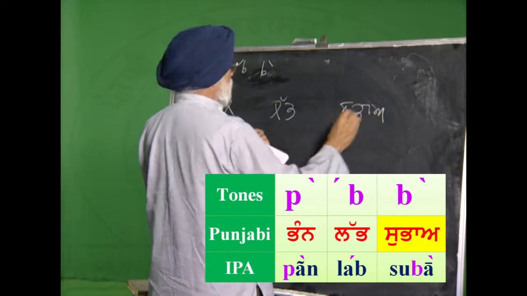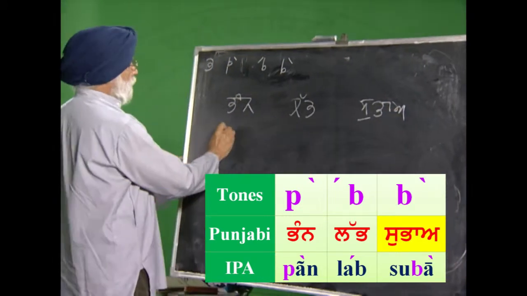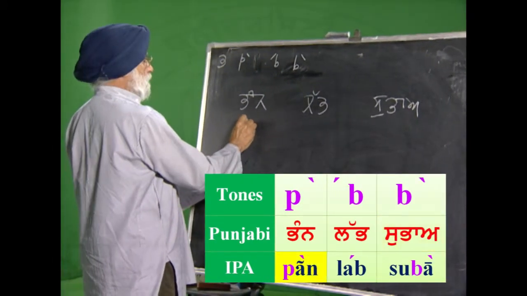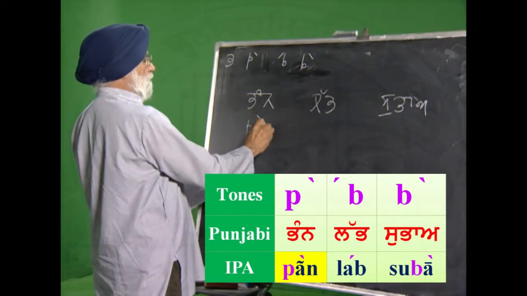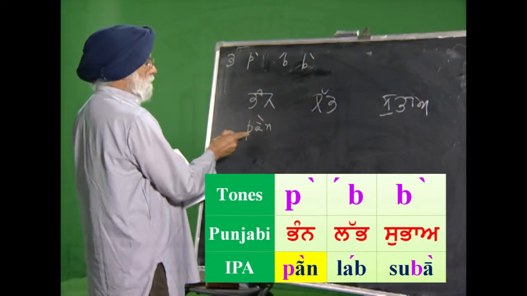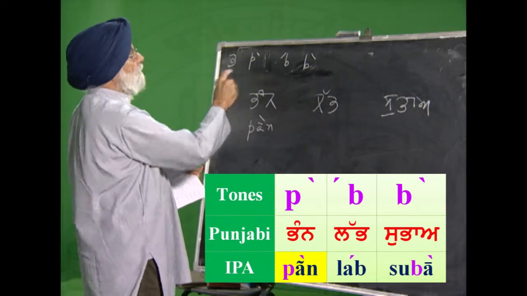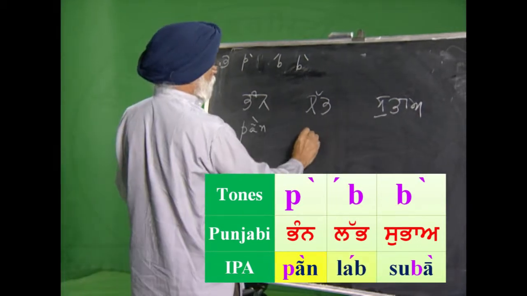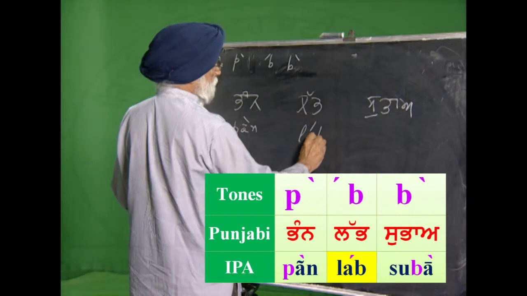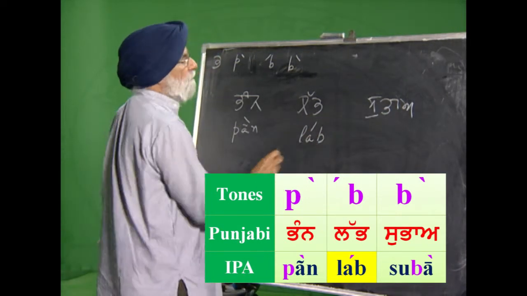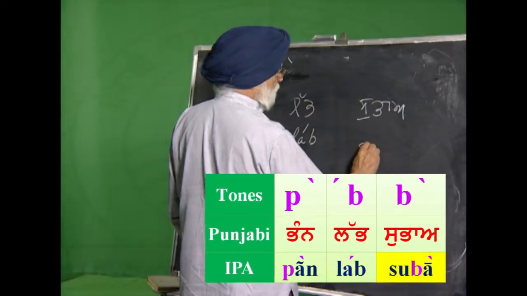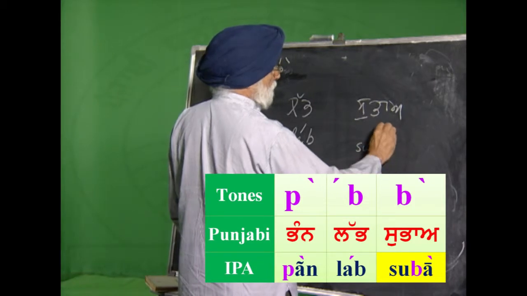Subha sometimes with this also. So, you will have this, you see, there is again a low tone, and then a high tone, you see, high tone followed by ba and subha. You see.